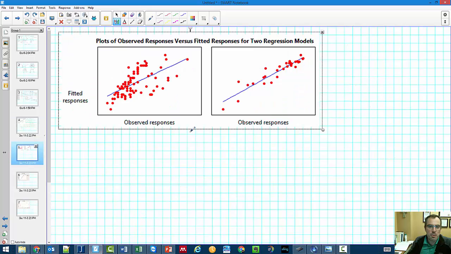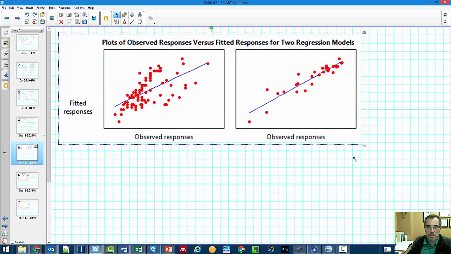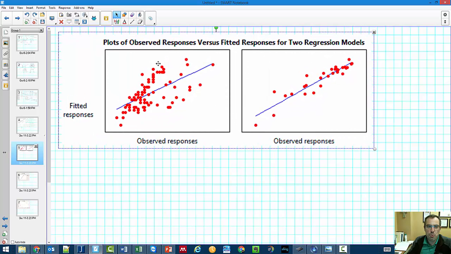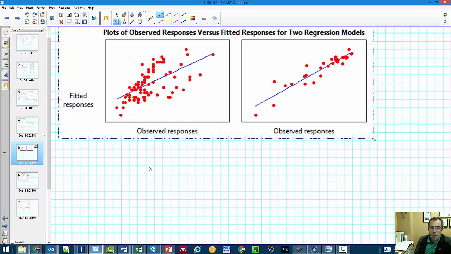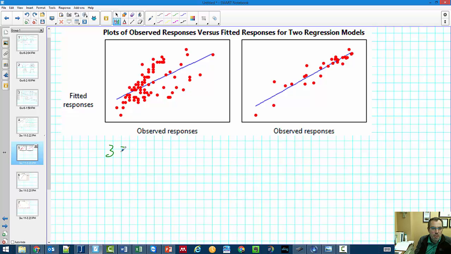But here are some pictures that are going to maybe help us understand this a little bit better. If you take a look, I've got two sets of data. Both of them have a best fit or a trend line that is put in here. As far as some of the numbers go, the regression model on the left here accounts for 38% of all variation. So 38%, that means R squared is 0.38.